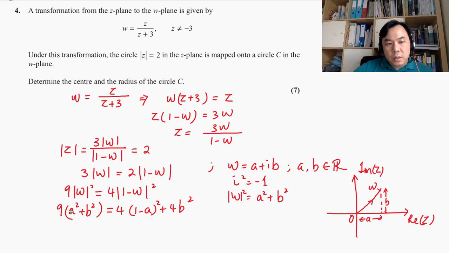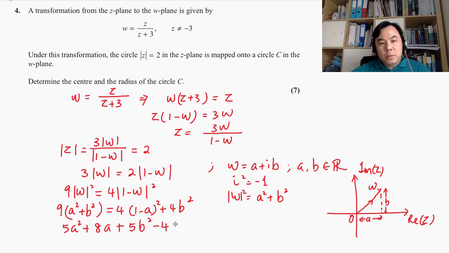After simplifying this, we will get 5a squared plus 8a plus 5b squared, and finally minus 4 equals 0.